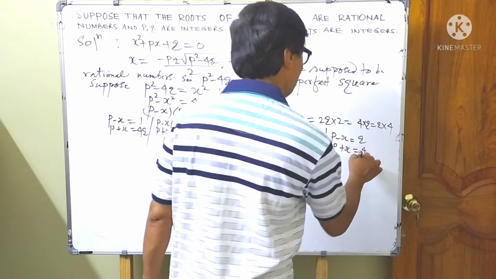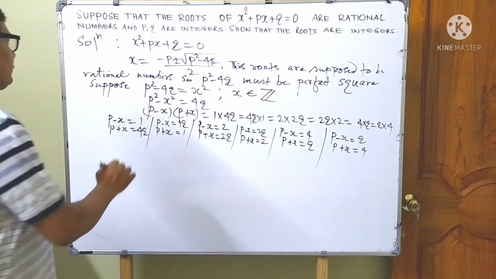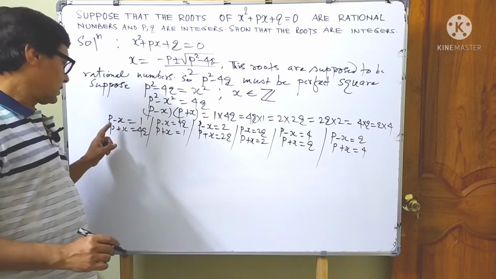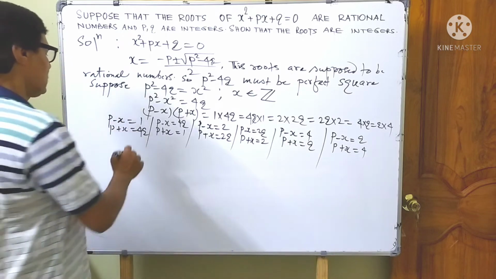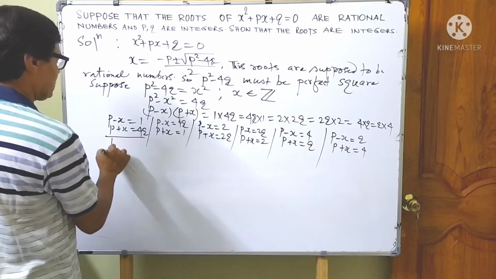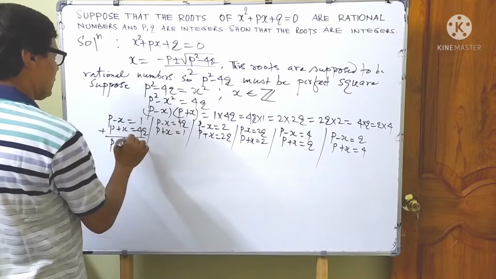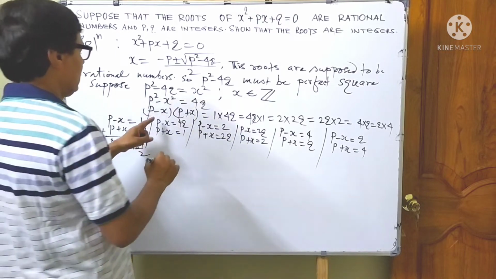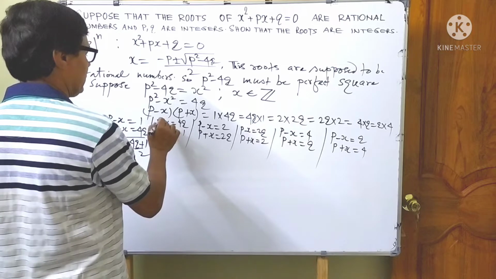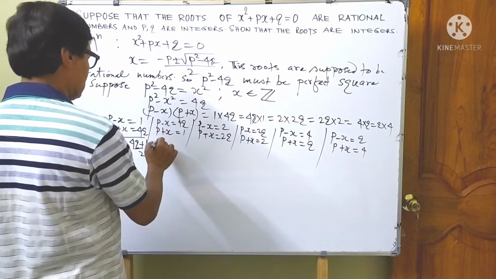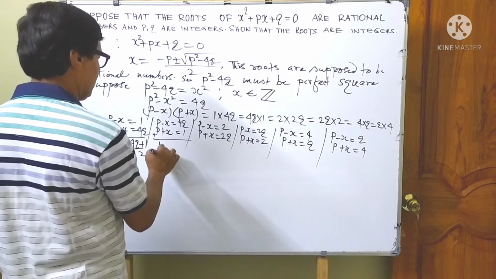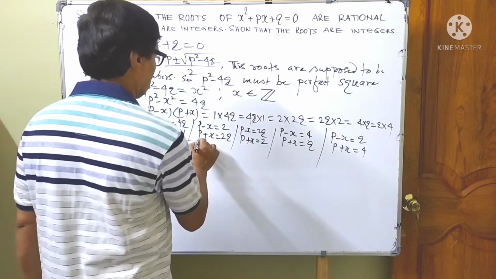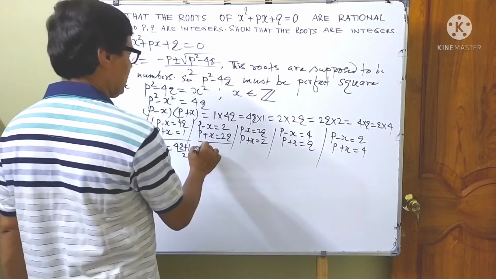Now we can add these two equations, p minus x equal to 1 and p plus x equal to 4q. By adding these two equations we get the value of p as 4q plus 1 over 2, and we get the same result from the other pair.